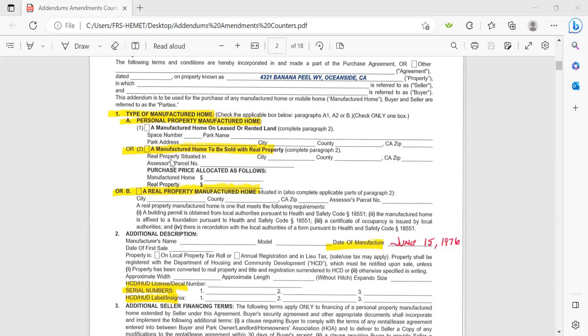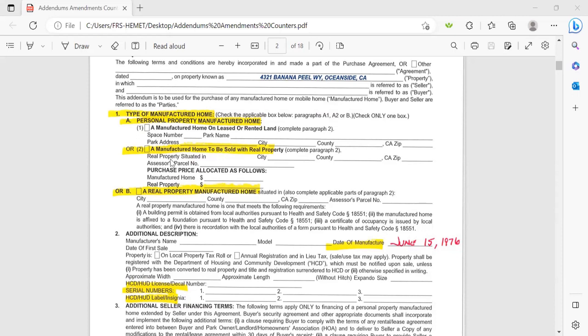Item number two is a manufactured home to be sold with real property. And "with" is the key word there, because you are buying a manufactured home, but you are also buying the property. It just has not been permanently affixed. It is going to be sold with the property, and it is on a foundation.